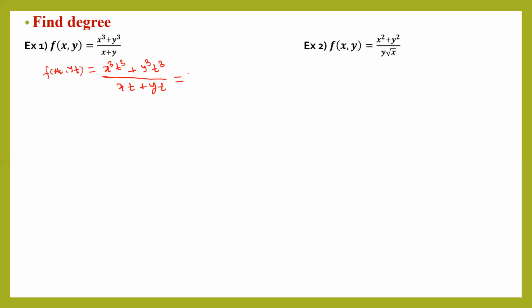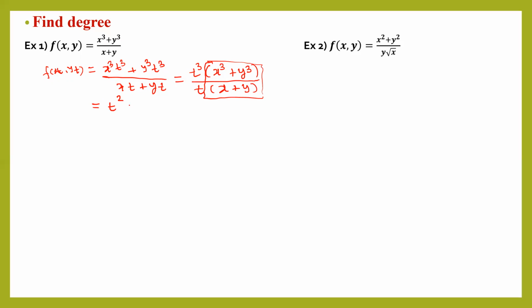Now you can see here, we can take t cubed common from the numerator, and this is x cubed plus y cubed, and from the denominator we can take t common, so this is x plus y. Now we can cancel one t, and here you will get t squared, and this is our original function, is it not?